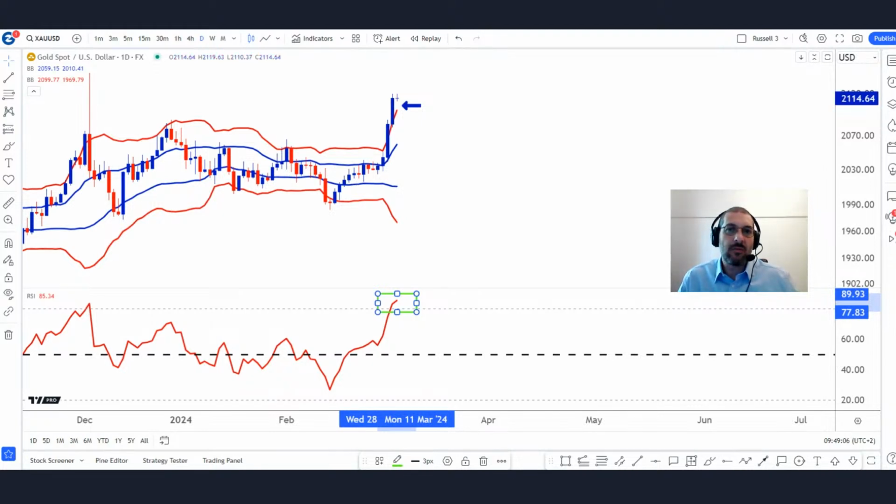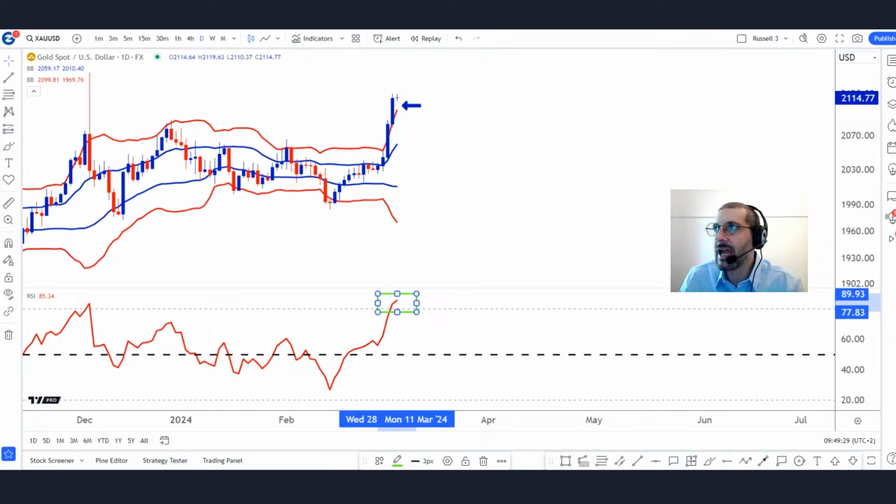Fundamentally, we've seen that the real rate has started to come down, and we've seen that the correlation between the two instruments is starting to reattach. So I think that the future potential upside for gold shouldn't be overlooked. Okay, so we keep that on the watch list.